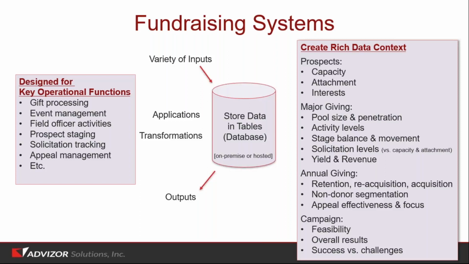Attachment: there's all kinds of data on how attached or engaged somebody is to your institution, whether they've been coming to events regularly, or if it's a school, coming to reunions, or giving regularly. All of that is in there, and it can be parsed together to determine whether somebody is highly engaged. You'll see a little bit of this later, but it's really useful information.